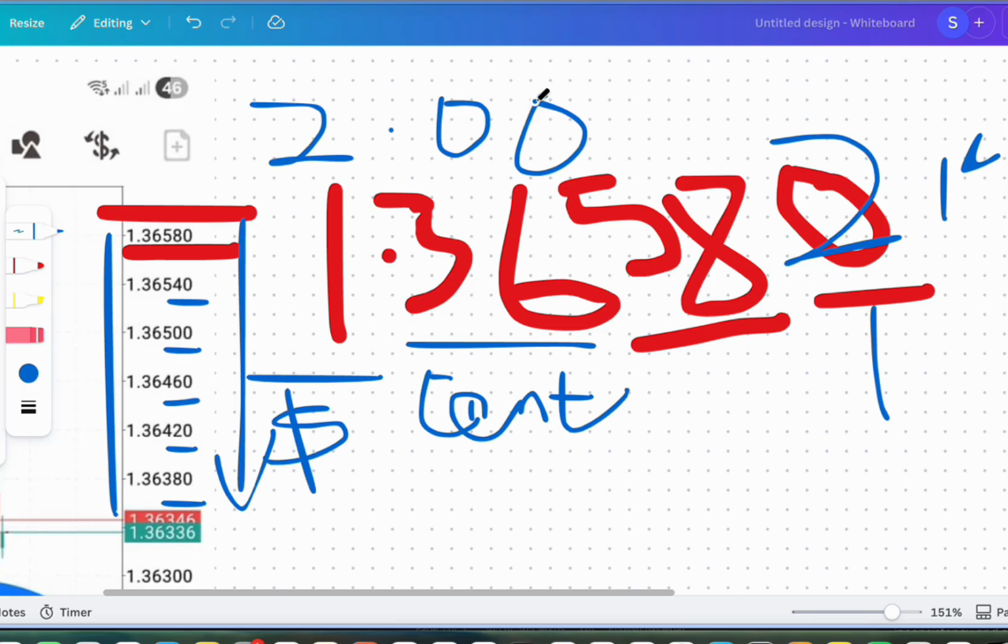Then they count how many cents here. If we check 36 minus this, it will be around 40 or 60 something, maybe 64. I think this will be 64 change, 64 cents. Now if they change 1,000 euro to dollars for somebody, they made 64 cents times 1,000.